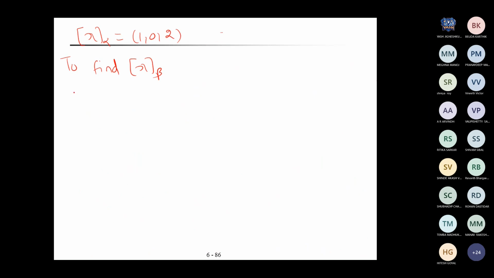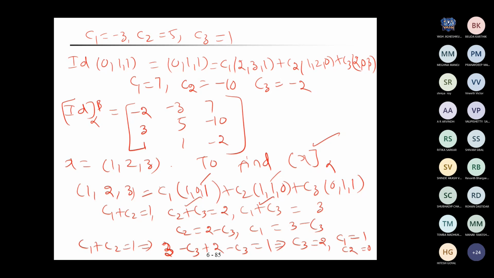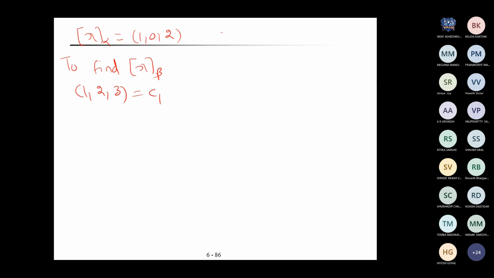How to find X beta? 1, 2, 3 has to be represented as a linear combination of beta. What are the beta elements, you remember? 2, 3, 1, 1, 2; 1, 2, 0, then 2, 0, 3; 2, 0, 3. Okay. Please solve this and tell me C1, C2, C3. Take some 1 or 2 minutes time, solve and then.